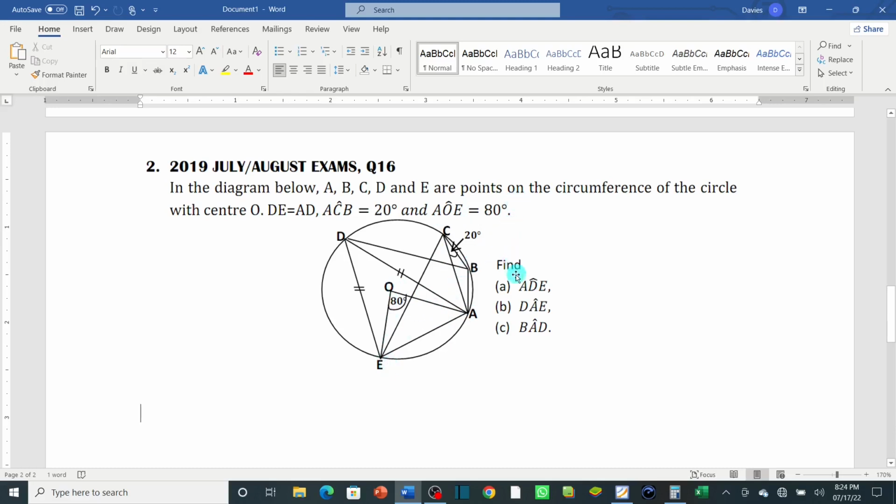Then they say find A, angle ADE. So simple.